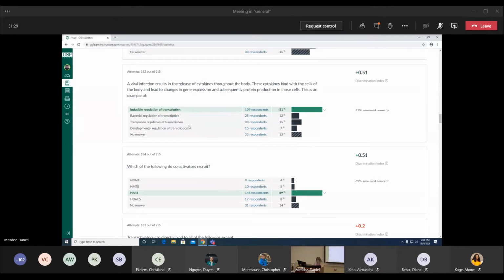What slide is that? Let me find it. So that's going to be on slide 14. The title is Regulation of Eukaryotic Transcription, and it says 1, developmental, or 2, inducible. Thank you. You're welcome.